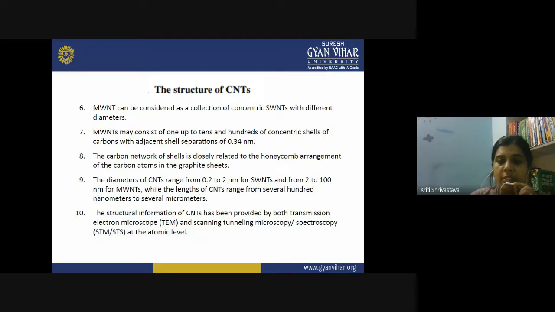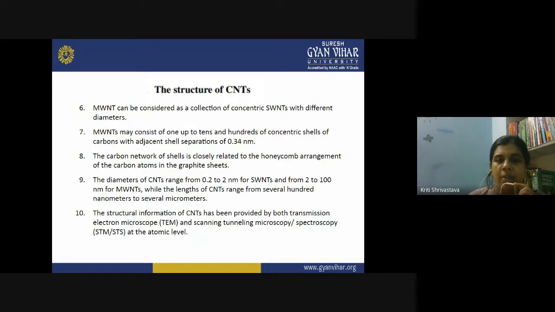All these shells are separated by 0.34 nanometer, but they have a concentric structure.